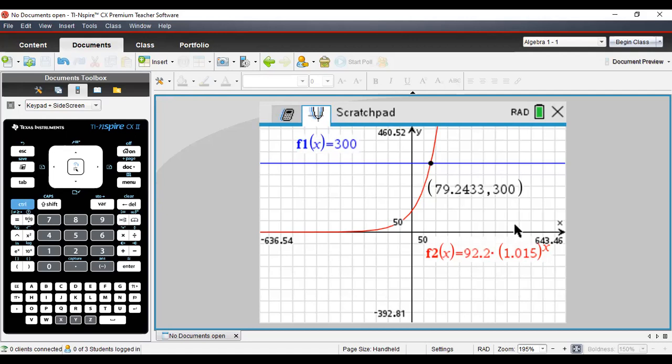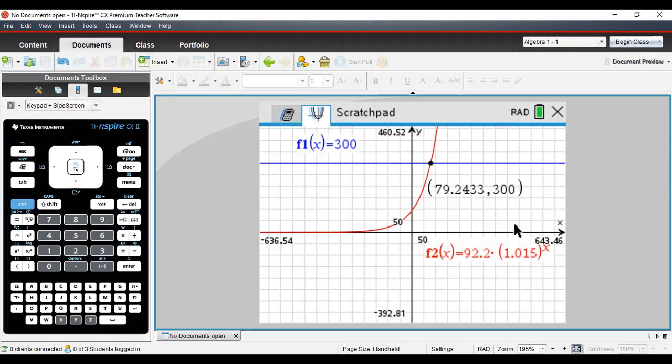So we're going to take the log of both sides. So that's going to be t log 1.015 equals this, and then we just divide both sides by the log of 1.015.